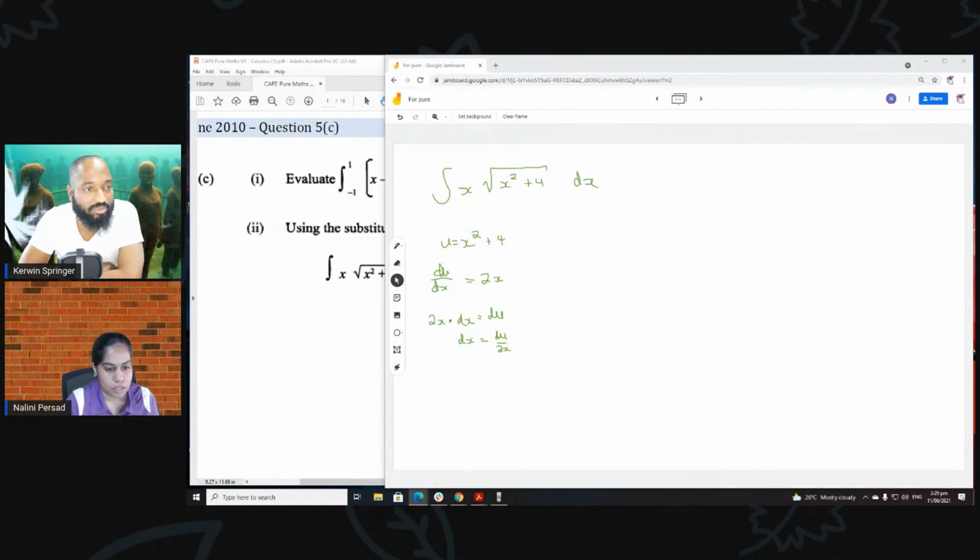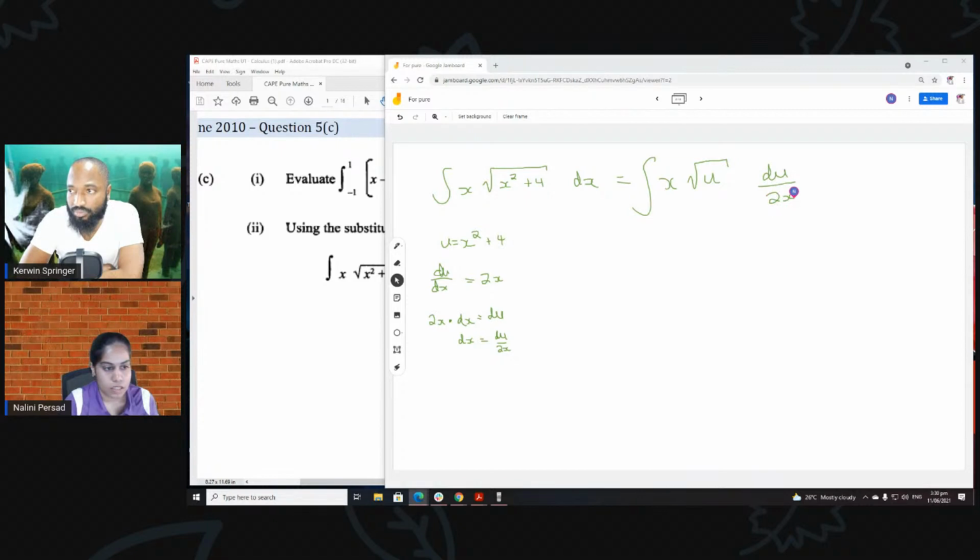So we're going to substitute dx as well as x squared plus 4 as u in here, and you would begin to see that we don't need to substitute x, it will cancel out. Substituting gives x root of u, since u is equal to x squared plus 4. And dx is du divided by 2x, so that's du all over 2x.